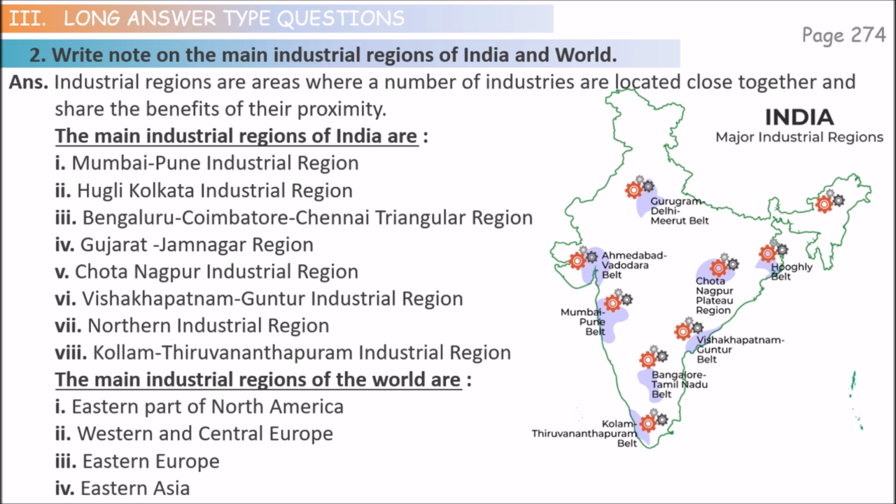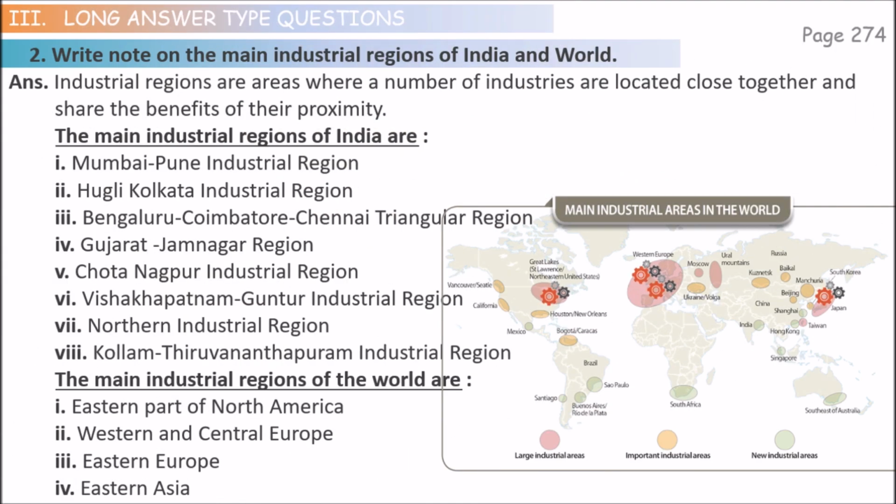The main industrial regions of India are Mumbai-Pune Industrial Region, Hooghly-Kolkata Industrial Region, Bangalore-Coimbatore-Chennai Triangular Region, Gujarat-Jamnagar Region, Chota Nagpur Industrial Region, Visakhapatnam-Guntur Industrial Region, Northern Industrial Region, Kollam-Thiruvananthapuram Industrial Region. The main industrial regions of the world are the Eastern part of North America, Western and Central Europe, Eastern Europe, Eastern Asia.